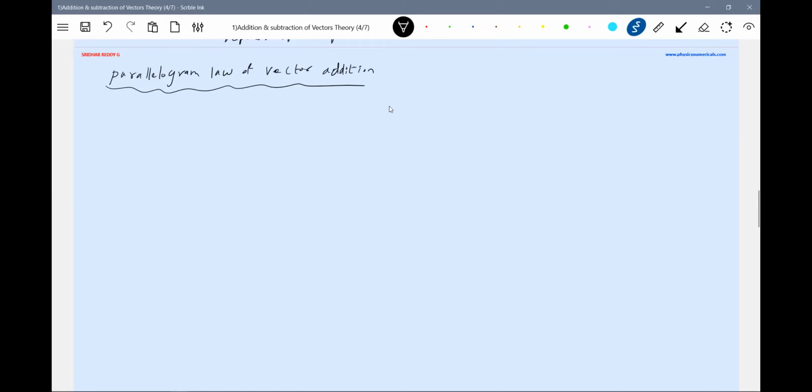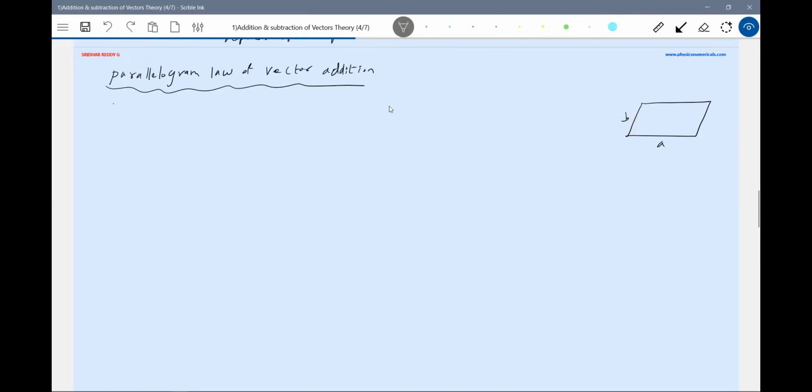Okay, what is this law, parallelogram? Everyone knows what a parallelogram is. Which are adjacent sides? Suppose if this is AB, these two are called opposite sides, and these two are called adjacent sides.